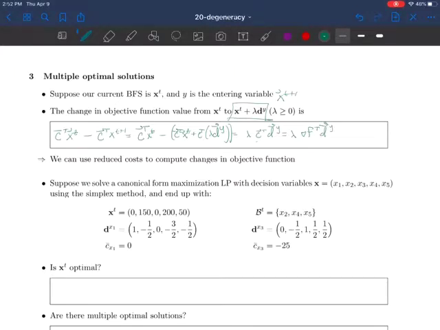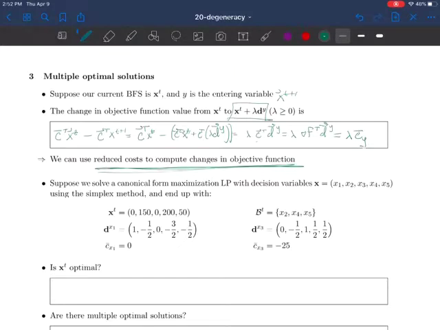Well, what is C transpose dy? That's the same thing as the gradient of the objective transpose dy. Remember, our linear objective function has a gradient equal to the cost coefficients of the objective function. So this is just equal to lambda C bar y. That's the reduced cost, remember.